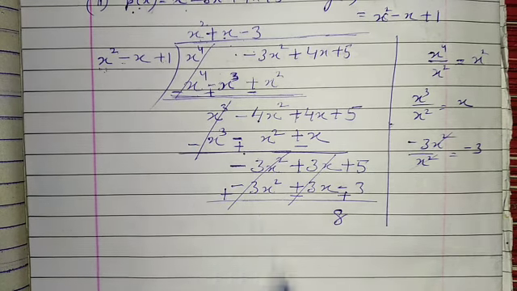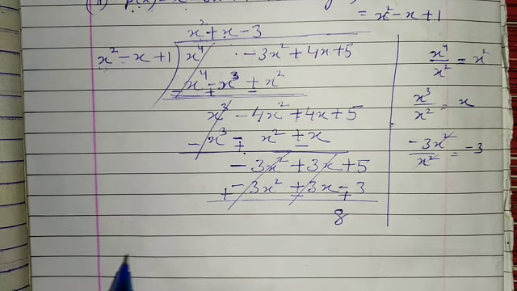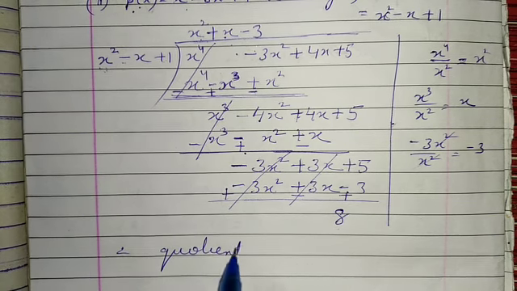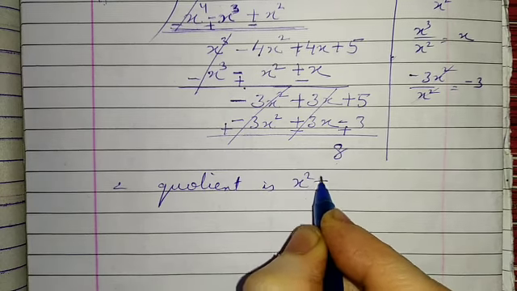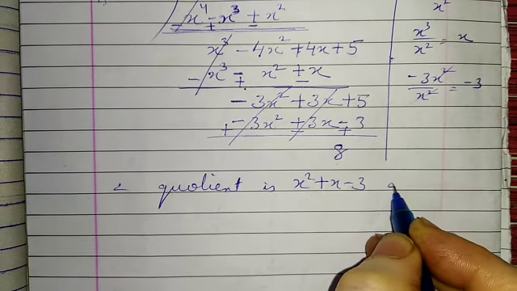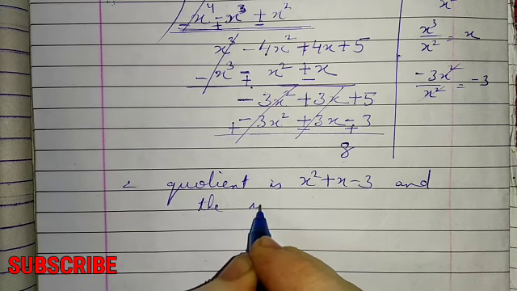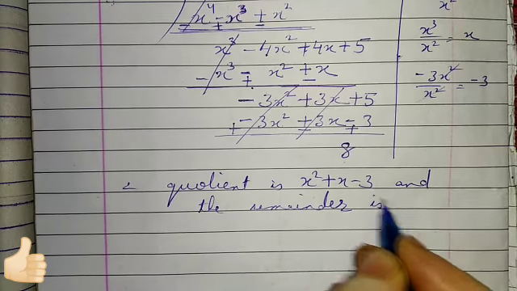The quotient is x square plus x minus 3, and the remainder is 8. So write here, therefore the quotient is x square plus x minus 3 and the remainder is 8.